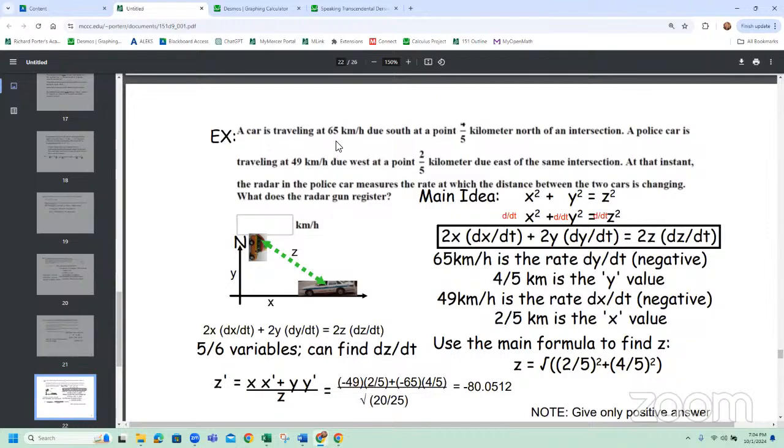And they tell you 65 kilometers per hour. Is that a rate or a value? Rate. Right. 4/5 kilometers. Is that a rate or a value? Pavani, 4/5.